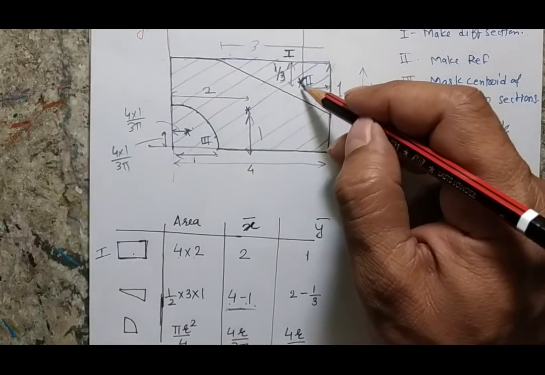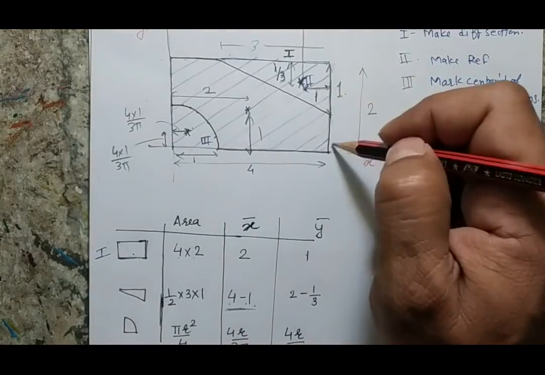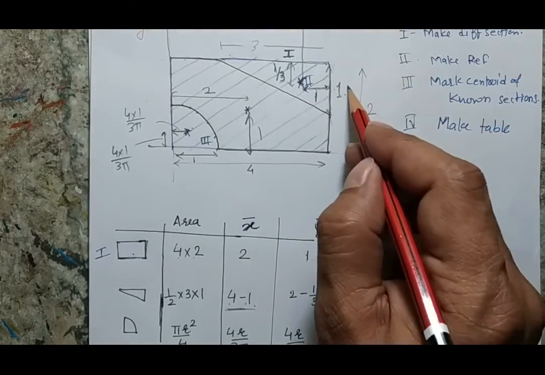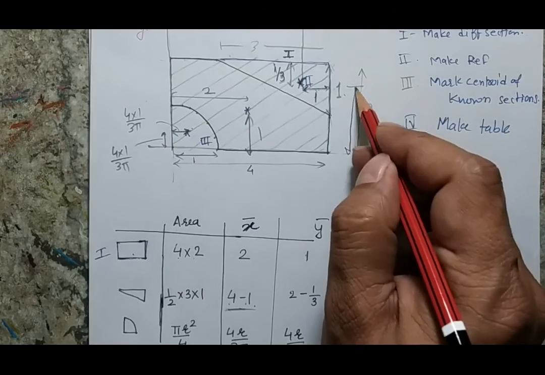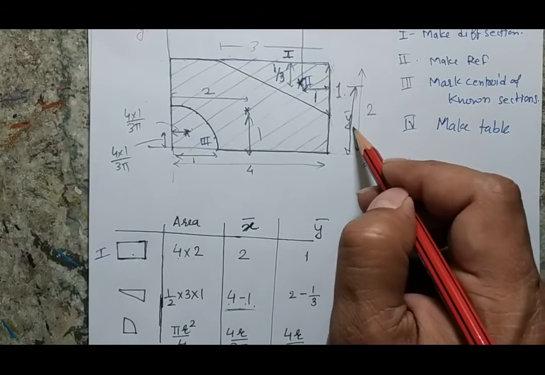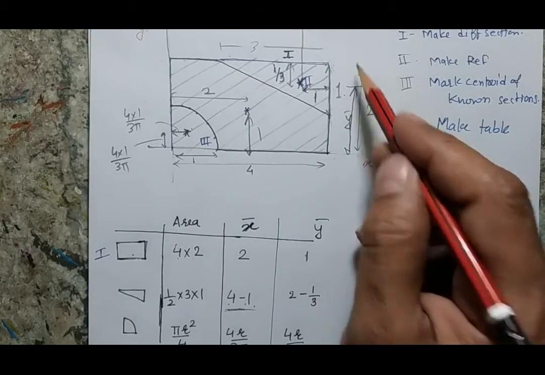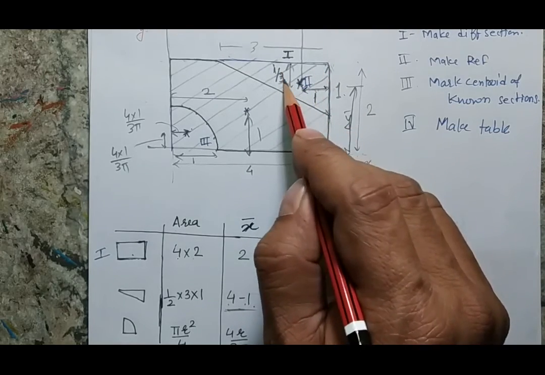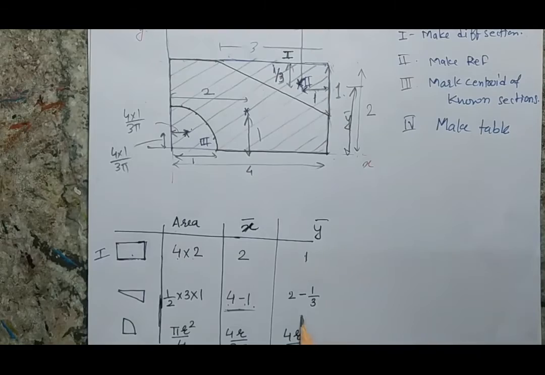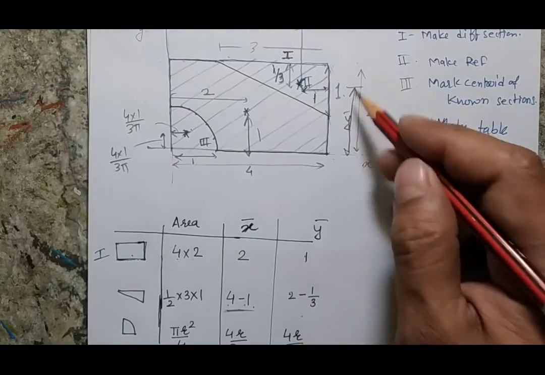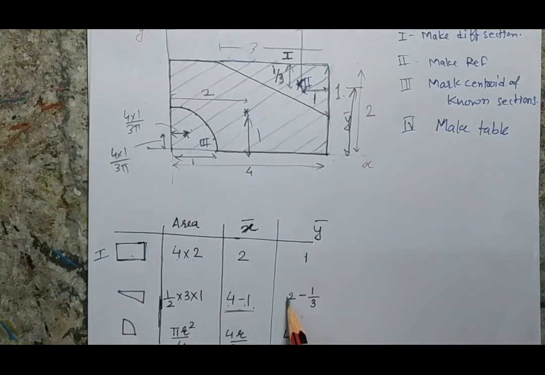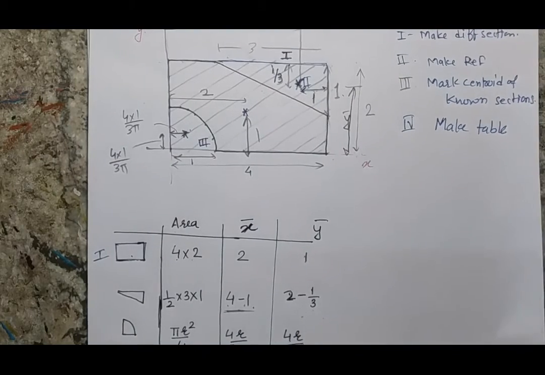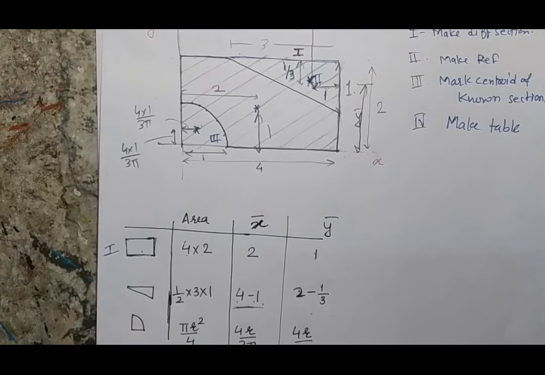Similarly, if I want to write the y position of my centroid, this distance is basically the y bar of my triangle, and the total distance is 2, and the distance of the centroid from the top surface is 1/3. So the y position of the centroid of the triangle will be 2 minus 1/3.